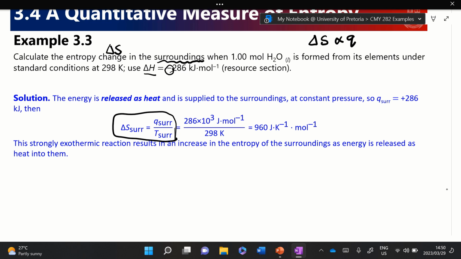So you just calculate it and you see that it is indeed a positive value, which makes sense, because if water forms, it gives off a bunch of heat, and then we suppose that there is an increase in the disorder of the surroundings, because it is a strongly exothermic reaction, because of the heat given off to the surroundings.